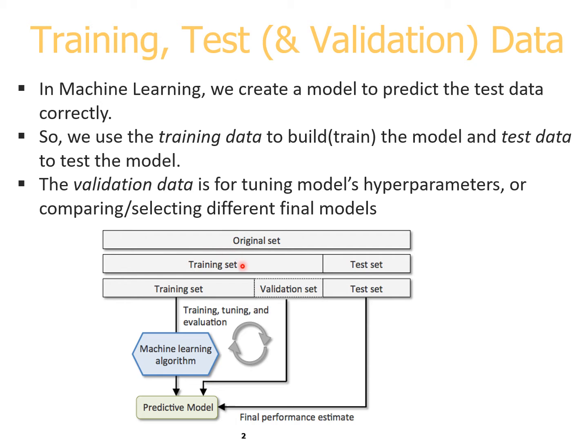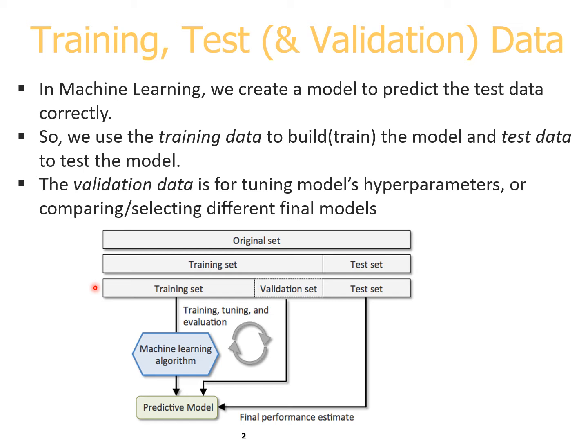This training data is used to create machine learning models, in this case a decision tree. We use training data to build a machine learning model, and then once the model is created, we use test data to evaluate the performance of the model. So that's the difference between training data and test data. These are disjoint to each other.